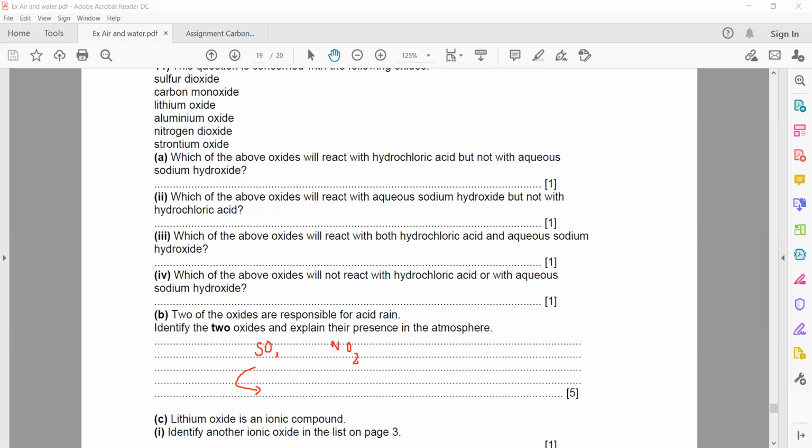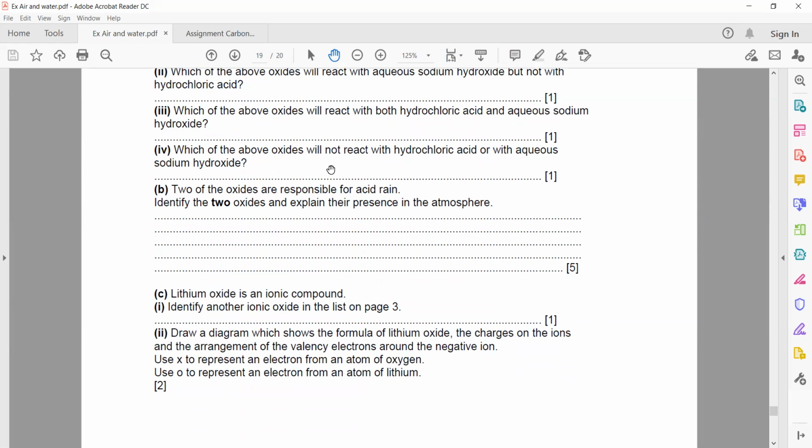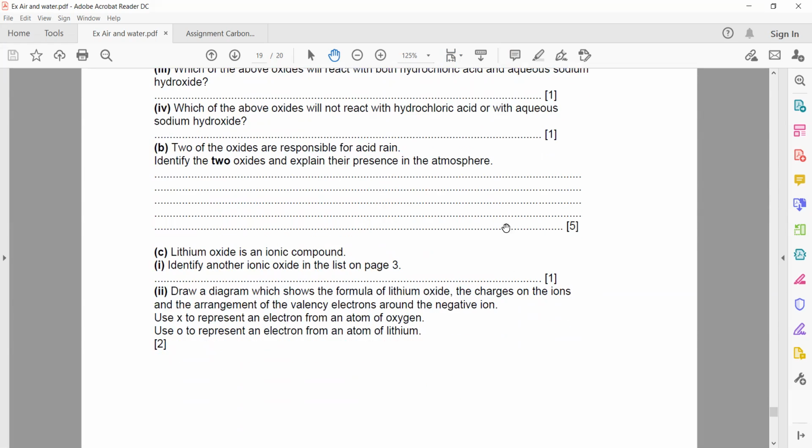So for each acidic oxide, you have to mention how it is formed. Sulfur dioxide is formed by combustion of fossil fuel containing sulfur, and oxides of nitrogen are formed inside the car engine due to high temperature. Nitrogen and oxygen react from the air and form nitrogen dioxide.